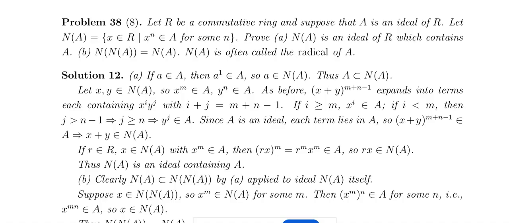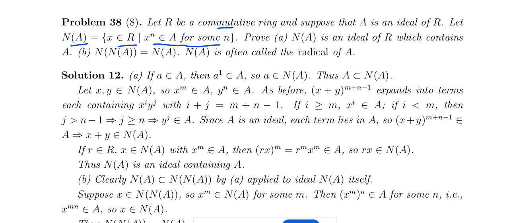The same way, R is a commutative ring. Suppose A is an ideal of R. Let N of A equal the set of x belongs to R such that x power n belongs to A for some n. So that N of A is an ideal of R which contains A. N of A is defined like that.